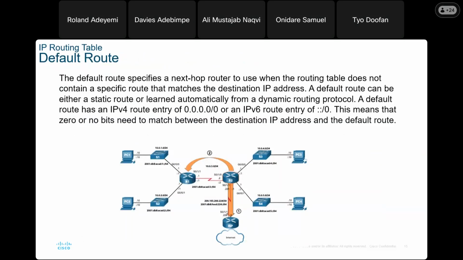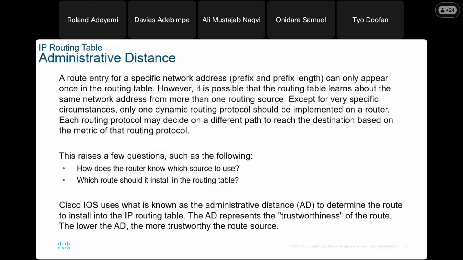I've talked about default routes, where if the router doesn't know where it is going to, it just sends this to the ISP, and that is configured on the edge router. And we're also going to learn how to configure the default route for both IPv4 and IPv6. So that's that about static routes and dynamic routing.